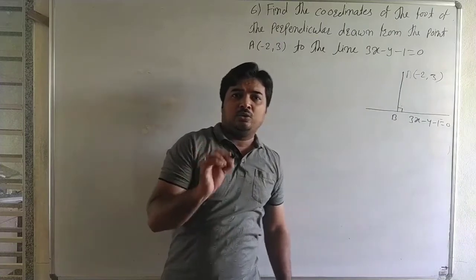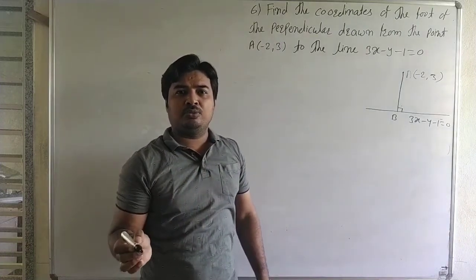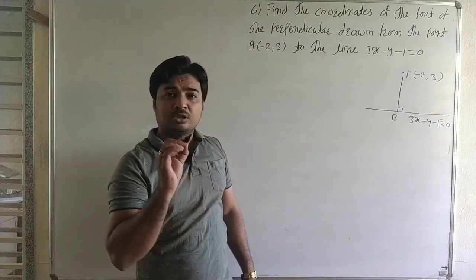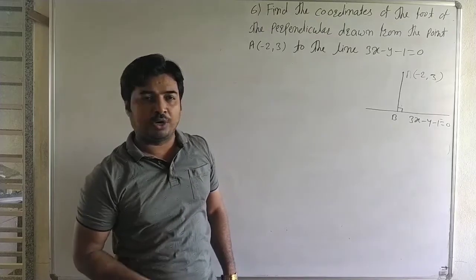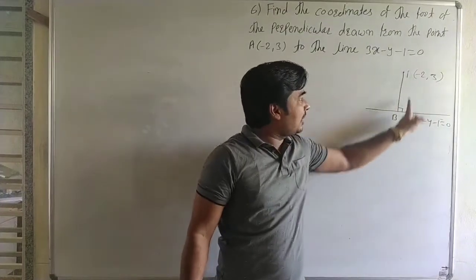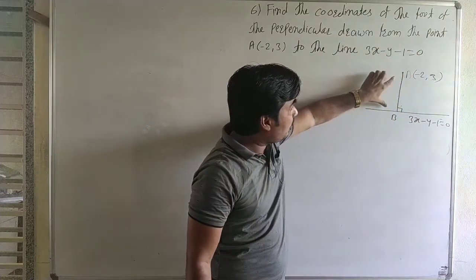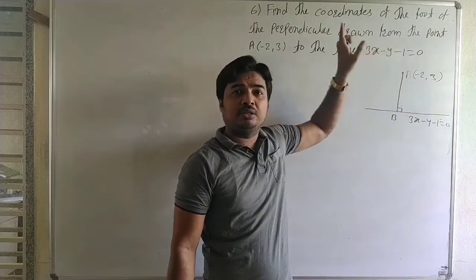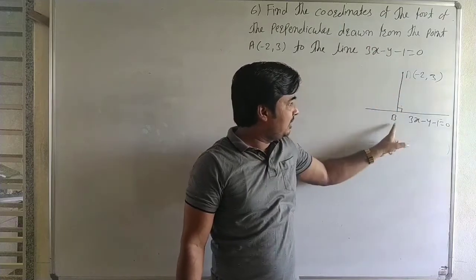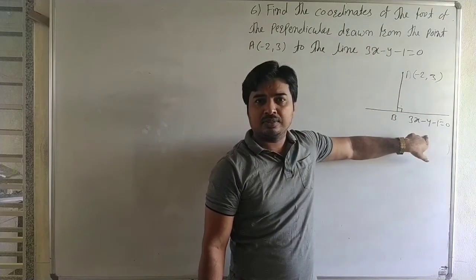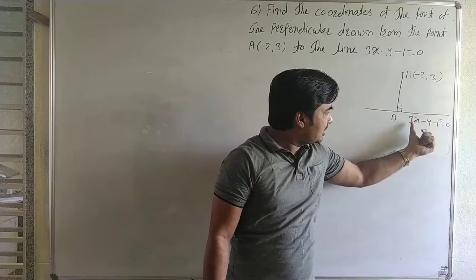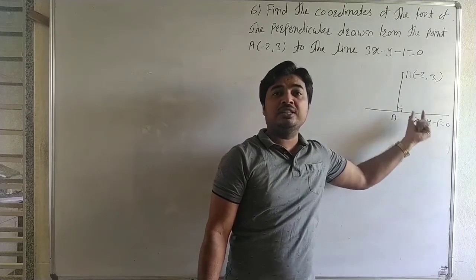To find the equation of a line, we need the slope of the line and a point through which it passes. Here line AB passes through the point minus 2 comma 3, which is given, but the slope is not given. However, line AB is perpendicular to the given line, whose slope is 3.